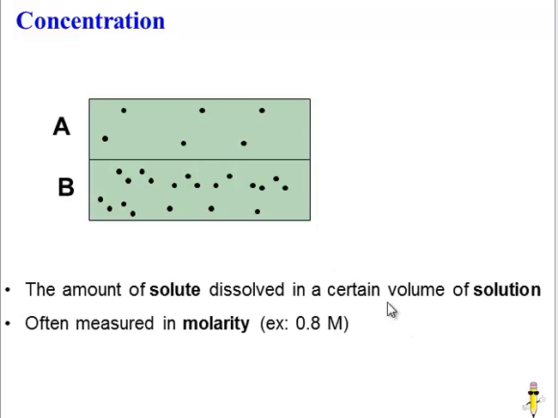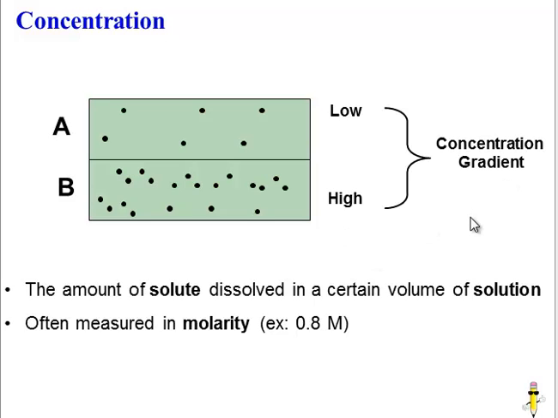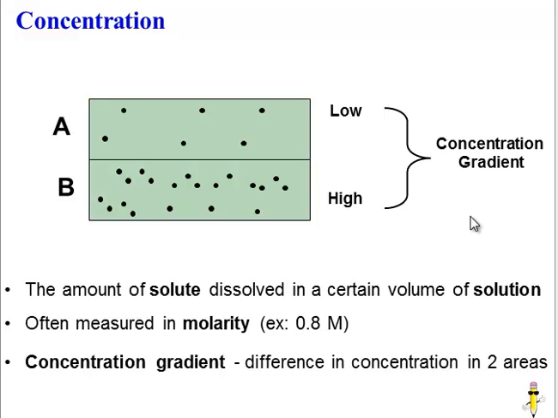And this can often be measured in molarity, which is abbreviated with a capital M. And in this case, whenever you have an area where there's low concentration next to high concentration, we call that a concentration gradient, simply a difference in concentration between two areas.